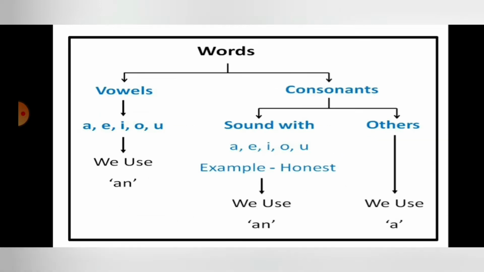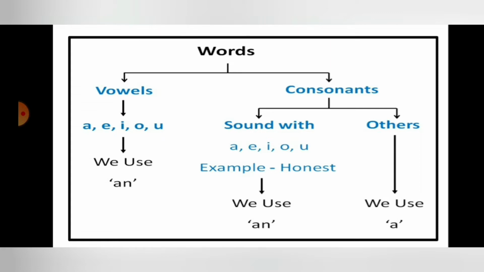Here you can see that when we use the articles a and an, before vowel letters, when the word starts with a vowel letter or sounds like a vowel, like a, e, i, o, u, at that time we use an, like an orange, an apple, an egg, an umbrella.